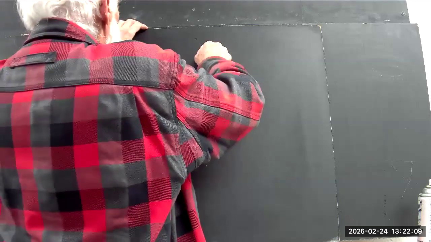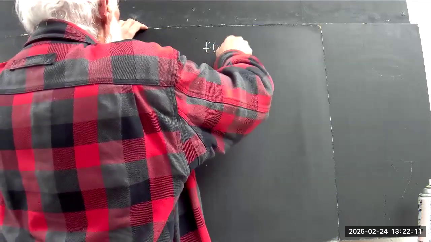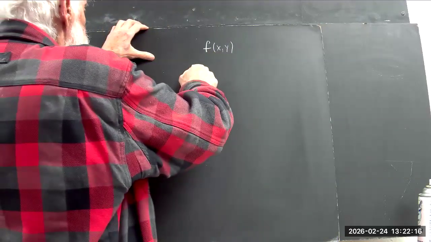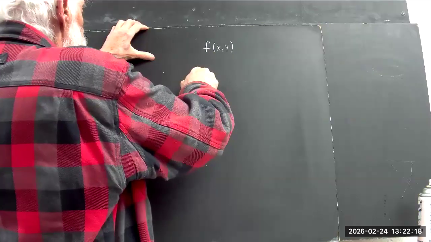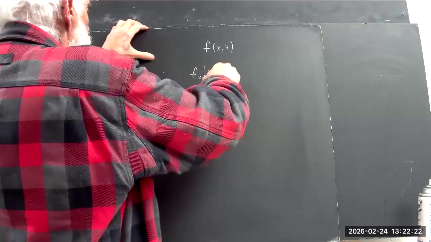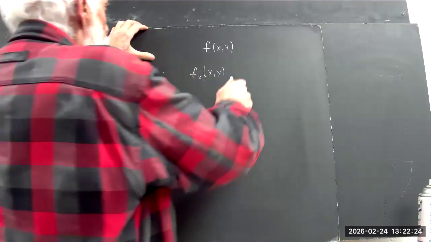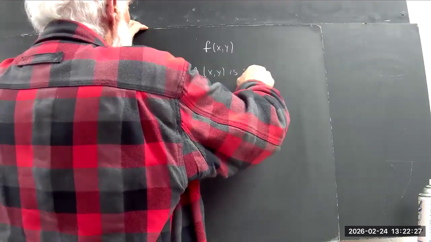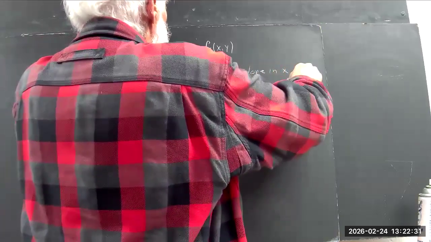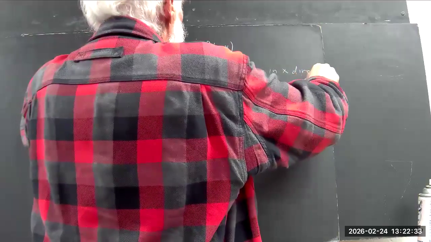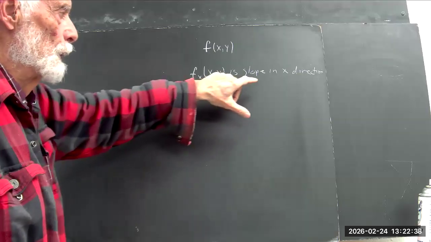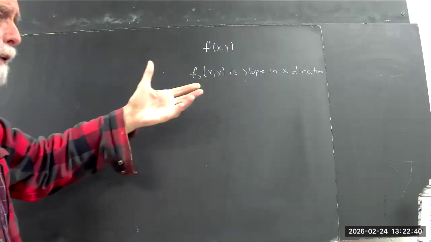Okay, let's say we've got a function f of x, y. Then, to summarize what we've already said, fx of x, y is the slope in the x direction.